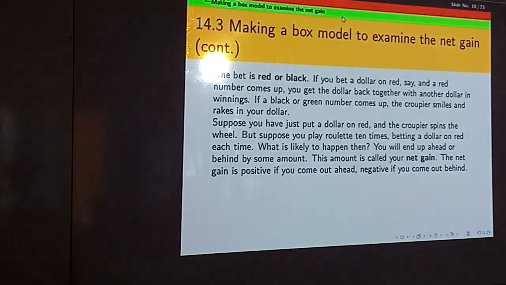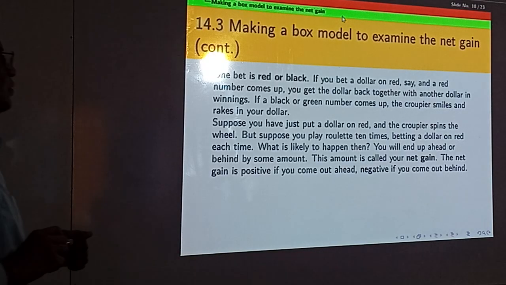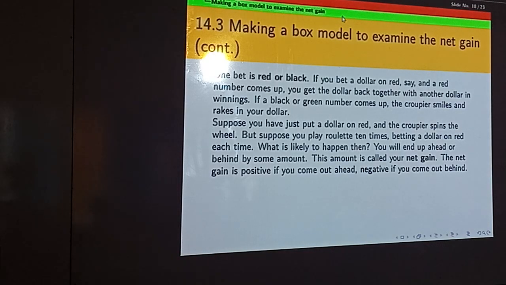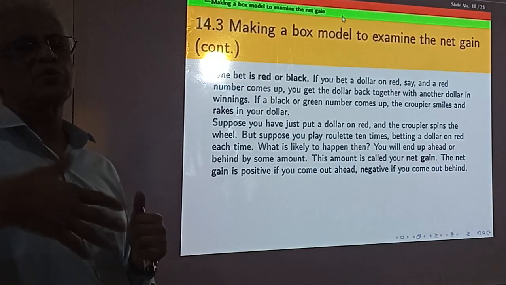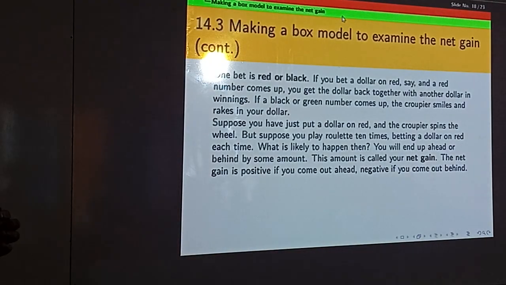So that means you are getting $1 actually. Gain is 1, right? So if a black or green comes up, then they win, we lose our dollar. They get our dollar, right? So we don't get anything. So that means actually we lose our dollar. Right, so that is this kind of game we are going to look at.